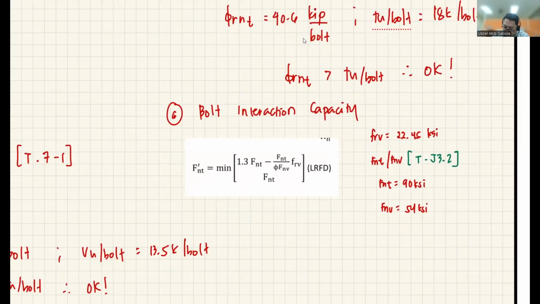So, going dito sa value na to, substitute lang natin. So, we have minimum of 1.3 times Fnt natin is 90 minus 90 over phi natin is 0.75 times 54 times frv. Frv natin is 22.45.